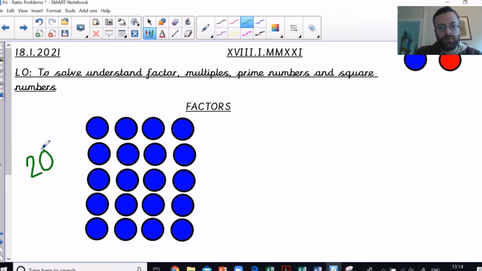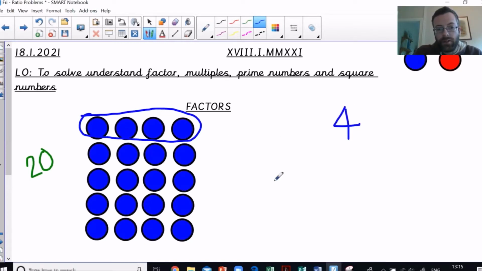Now if I'm trying to find factors of 20, what that means is they are numbers that I can divide 20 by and still get a whole answer. So we would look and we would go, well, how can I split this up? What can I divide this by? Well, I could divide it into 4s. So a factor of 20 is 4. And then they would all be in 4s.